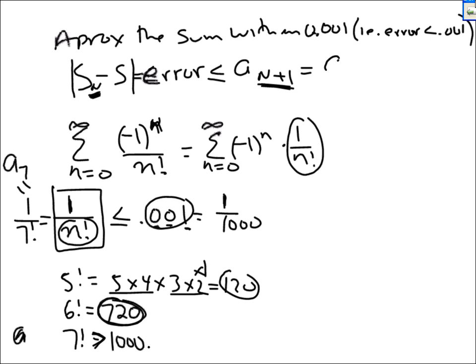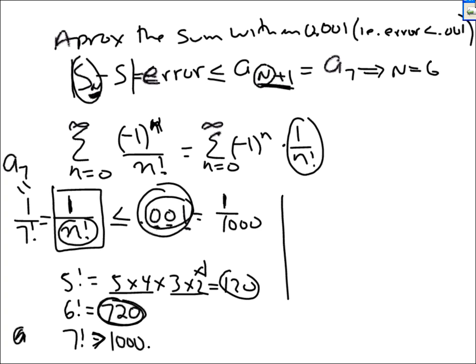If this is a sub 7, that means capital N is 6. Just add up the first 6 terms. The sum of the first 6 terms, when you take away the actual sum, will be less than a sub 7, which is less than that number.